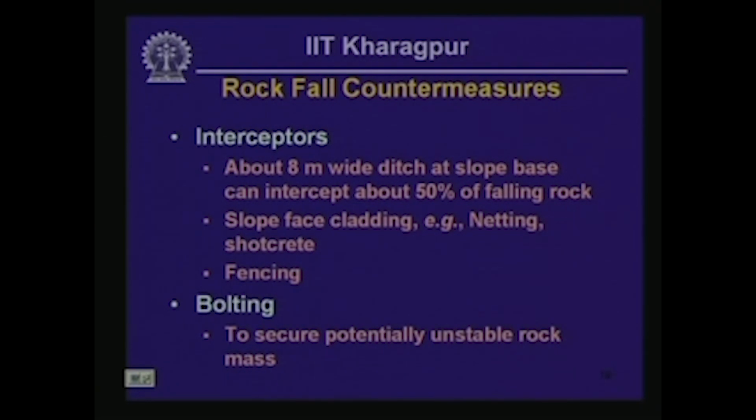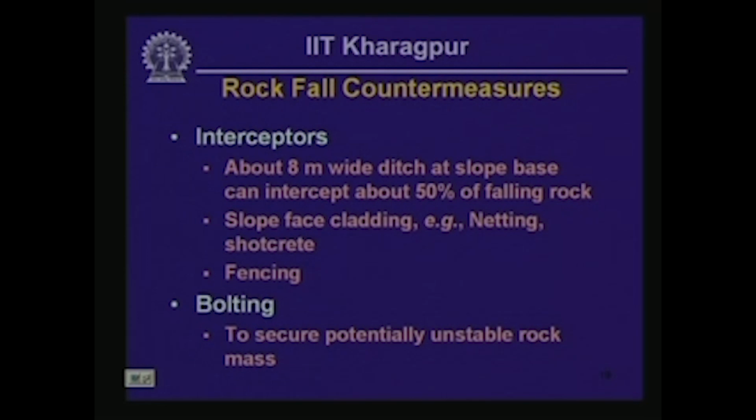Rockfall countermeasures around road cuts. We can try to intercept the blocks of rock that might mobilize downslope. We could have a catchment ditch near the base of the rock.